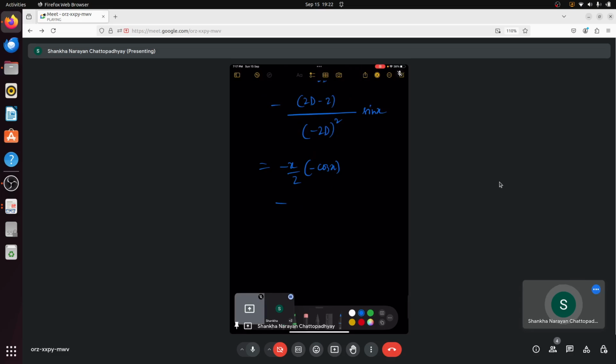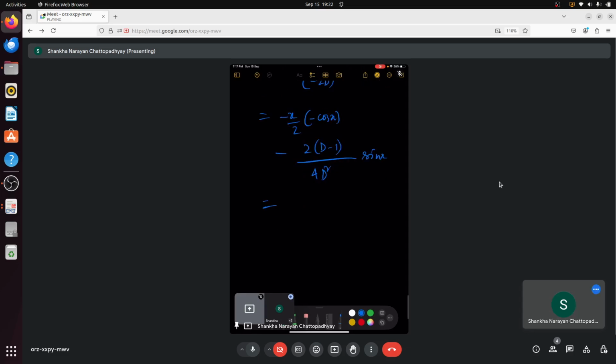So this will be 2 into D minus 1 divided by 4D squared, sin x. You will get x by 2 cos x, minus that will be D minus 1 by 2 into minus 1 square, sin x.